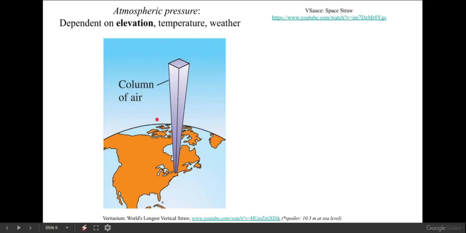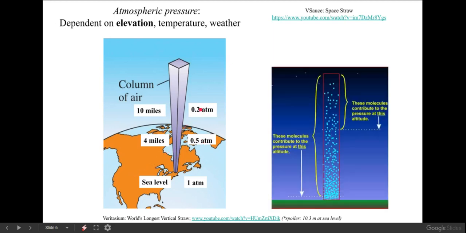But then air pressure, you can think of it as this column of air, miles and miles and miles above, that sits on top of you. So at sea level, you have 1 atmosphere, but if you go up 4 miles, it's cut in half. If you go up another 6 miles, you're down to a fifth.